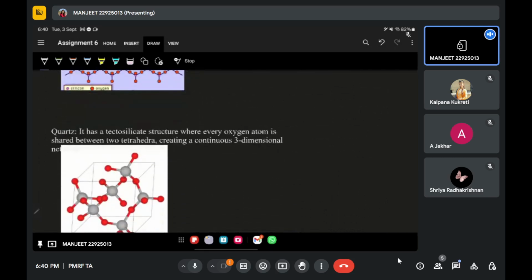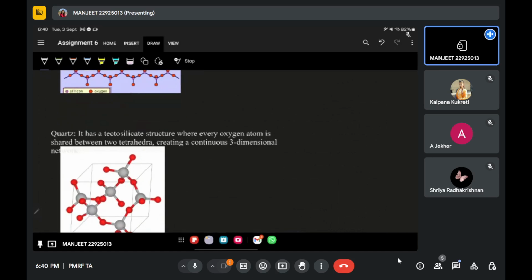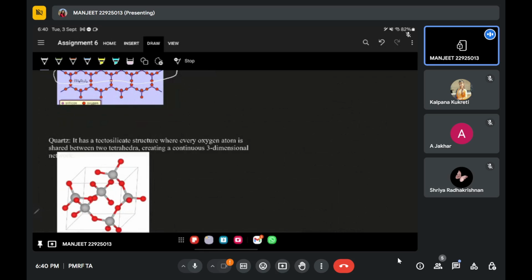Now another one is the quartz. Quartz is basically a tectosilicate structure, because each oxygen atom is shared between two tetrahedra.